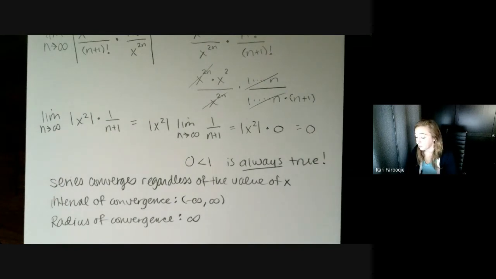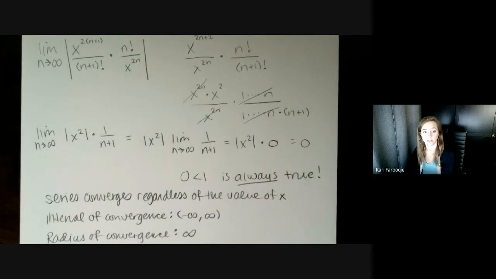Okay, so that was a special case. You'll see this happens some of the time. In example 3, I'm going to show you another special case. Before I do example 3, are there any questions on example 2?